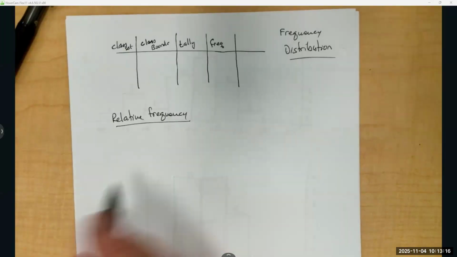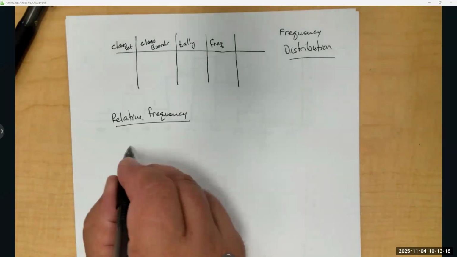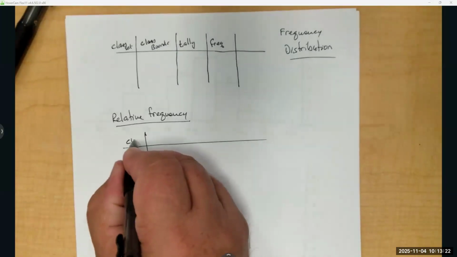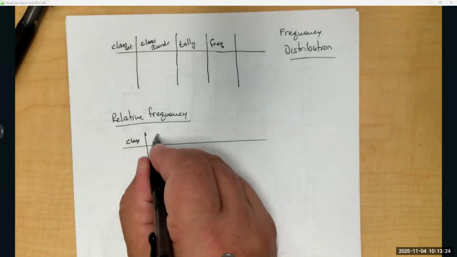Because, for example, we saw our data set. Let's use the first one since it's smaller.